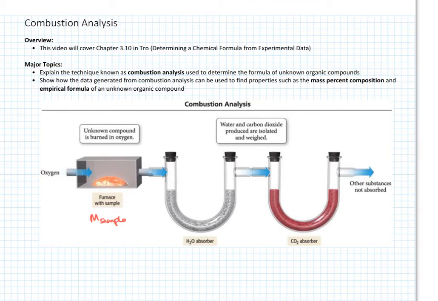Before I do that, let's just talk about the generic form of a combustion reaction. If we have some hydrocarbon or some organic molecule, let's say something like CxHyOz, this really could be just about any organic compound, and if we react this with oxygen, the products will be carbon dioxide plus water.